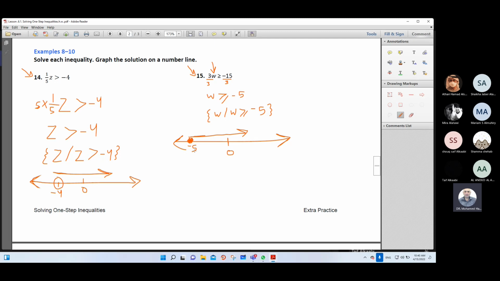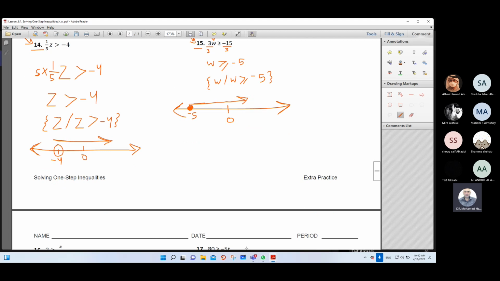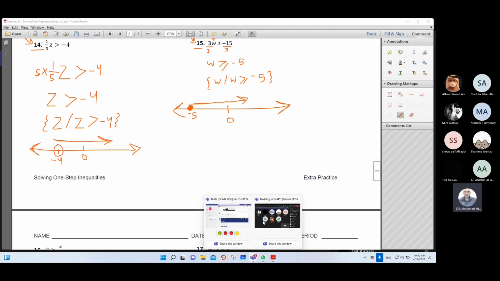Okay, who has any question about exercises 14 and 15? Do you have any question here? Are all ideas clear for you here? Yes.